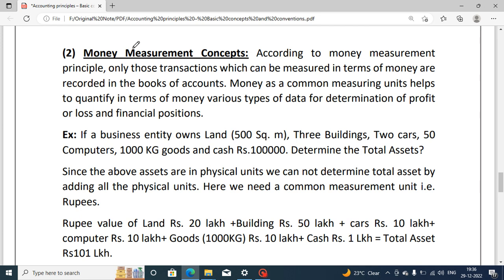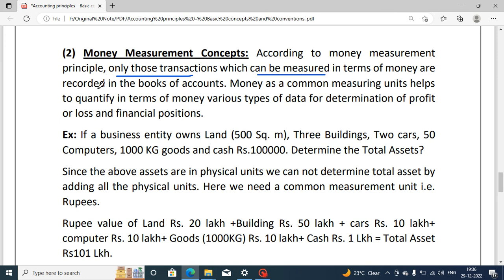Okay, so let's read out. According to money measurement principles, only those transactions which can be measured in terms of money are recorded in books of accounts.